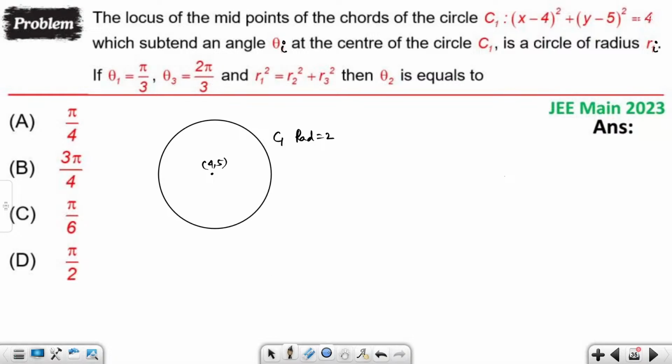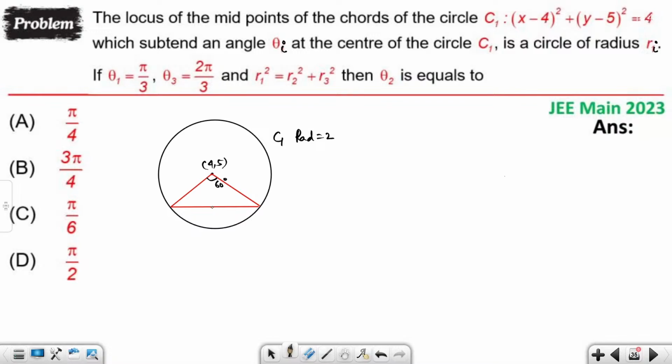Now in this circle, I have taken a chord which is subtending an angle pi by 3 at the center of this circle. This angle is pi by 3, that is 60 degree. Clear?